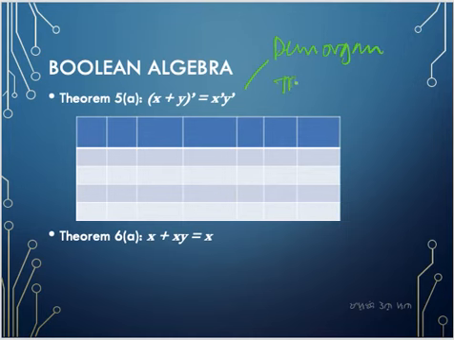Gamit tayo ng truth table para maiba naman. Dalawang input, you have your x, y. Ano nga ulit yung input natin? 0, 0, 0, 1, 1, 0, and 1, 1. Paano ba gamitin ang truth table para i-prove na ang De Morgans na to is correct?